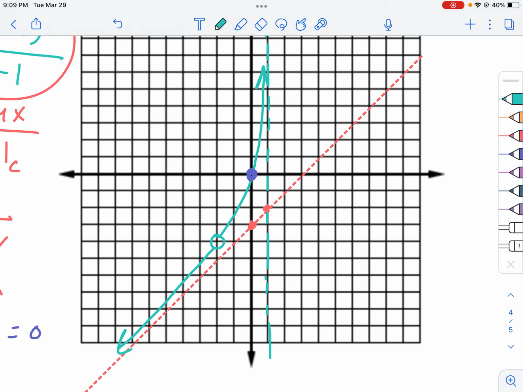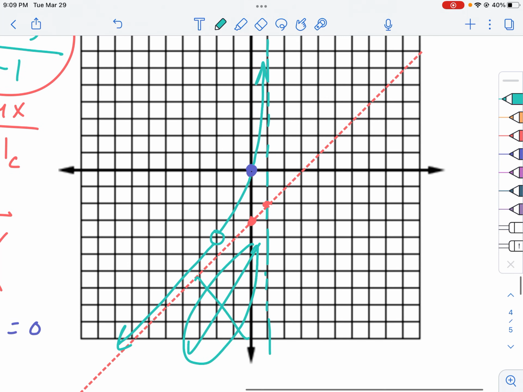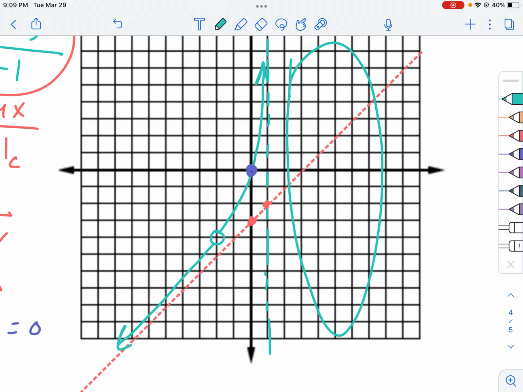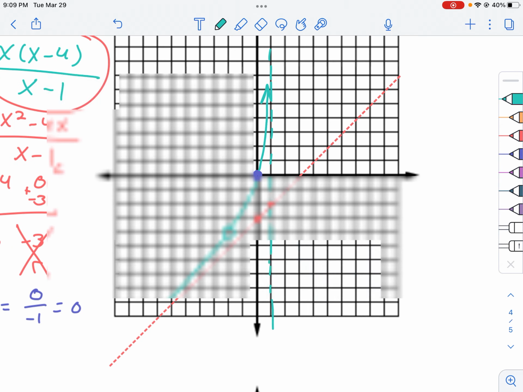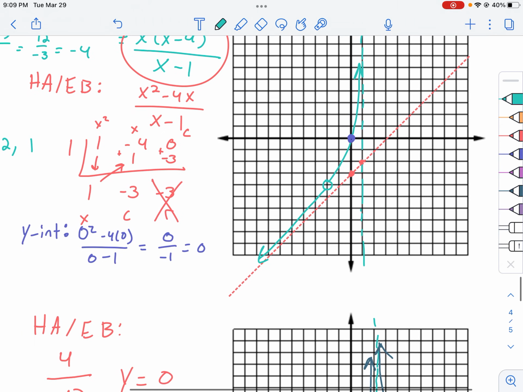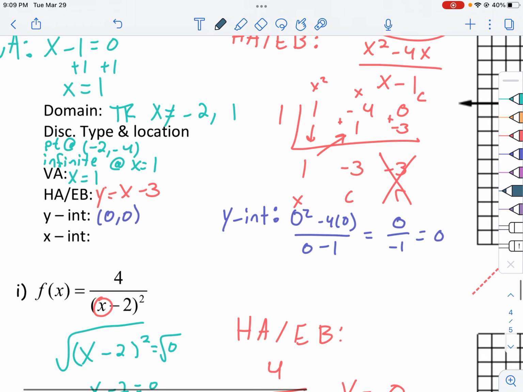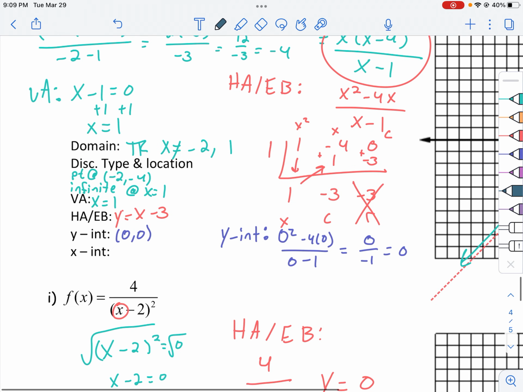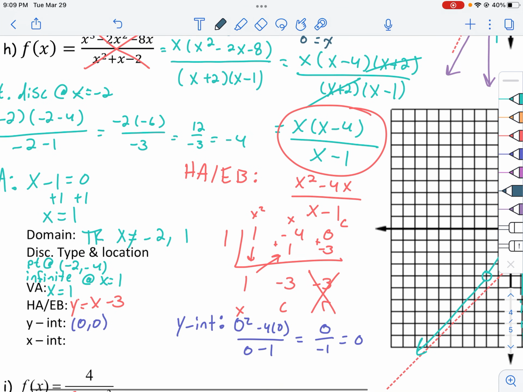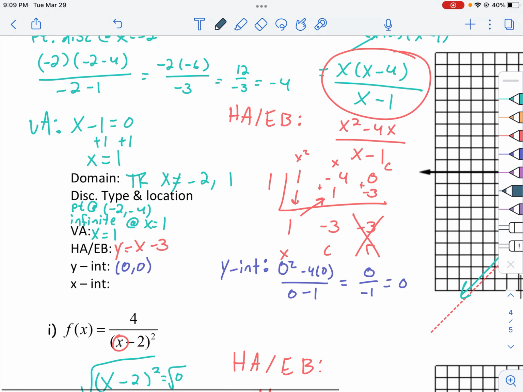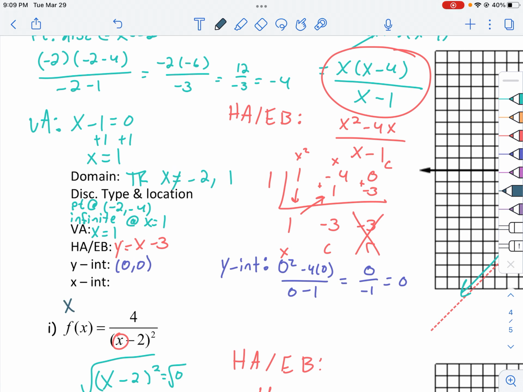Just like this. The other section of the graph cannot go here because it would fail the vertical line test if it went there. So that means it's going to go over here somewhere. We just have to figure out where. Hopefully when we find the other x-intercept, it will show us. To find x-intercepts, we set the top factors equal to 0.